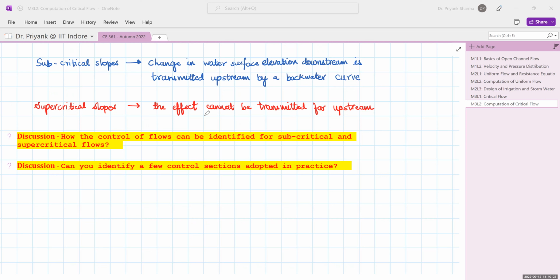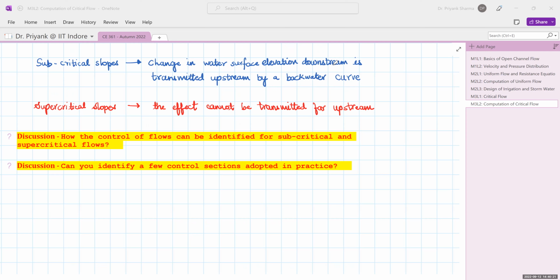So with this we conclude, with two more discussion questions: how can controls of flow be identified for subcritical and supercritical flows, and can you identify certain control sections? I discussed a couple of them. Apart from that, any other control section you can visualize that can be discussed.